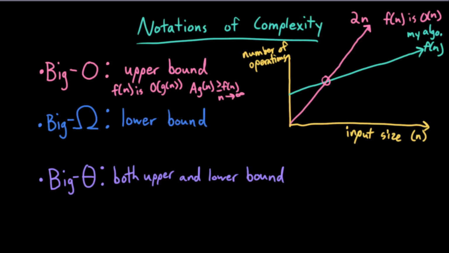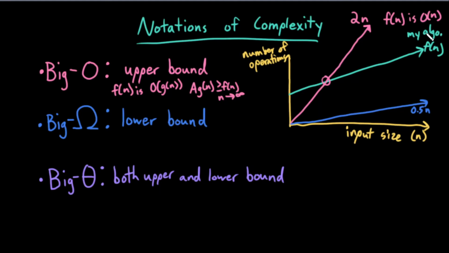Big omega works similarly. Let's say I have this function, some weird nifty function. Actually, no, I'll keep it as a linear function starting at the origin. So let's say I have this function, maybe this is 0.5 times n.